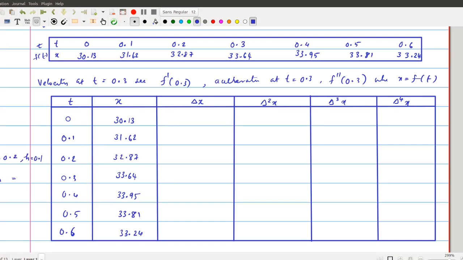A plus th will be 0.2 plus 0.1, that is 0.3. So that is the identification, and now obviously t will be 1.